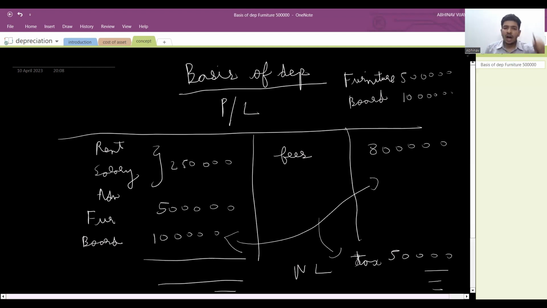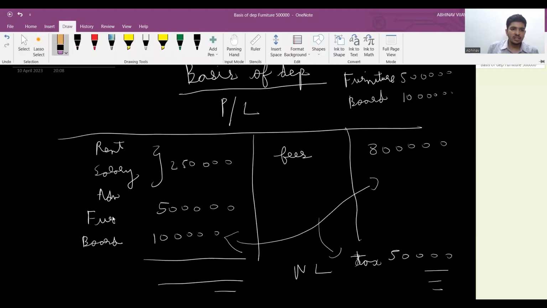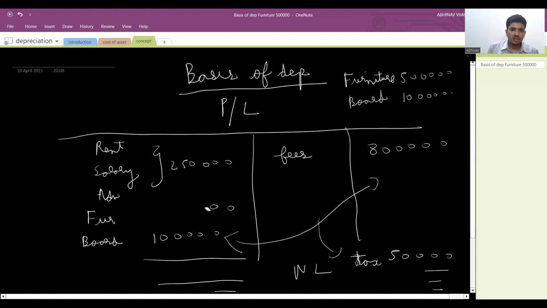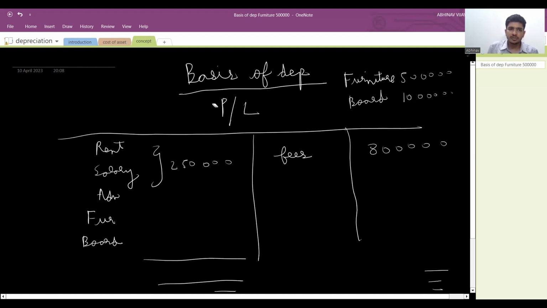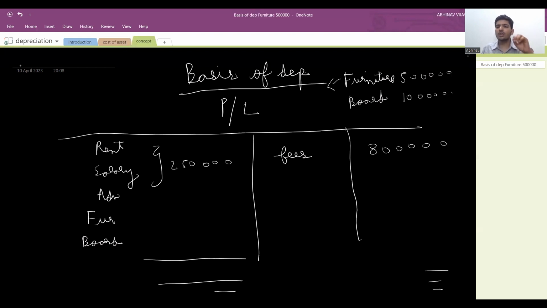So in order to avoid such things, what the government did was, let me erase this. That's when the government brought in the concept of depreciation. So what the government told us was to estimate how many years this furniture will last.